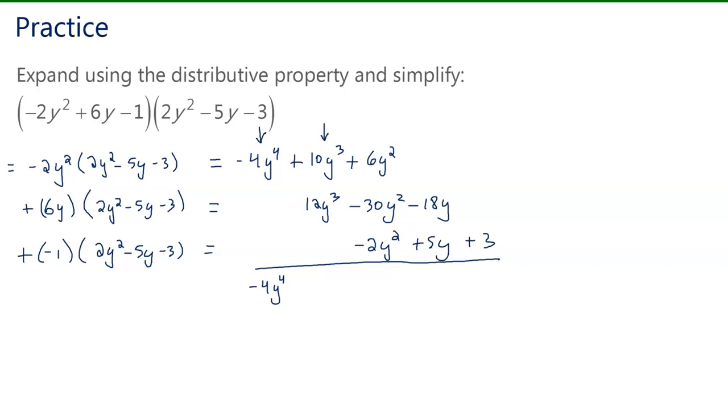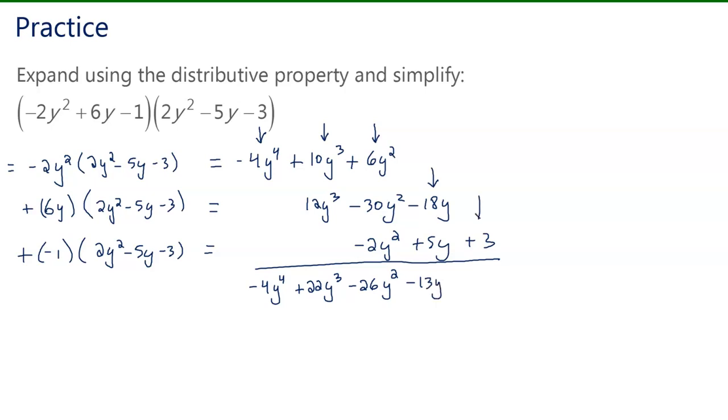In the second column, we have 10y cubed plus 12y cubed to give us 22y cubed. In the third column, we have 6y squared, subtract 30y squared, subtract 2y squared to give us negative 26y squared. In the fourth column, we have negative 18y plus 5y to give us negative 13y.